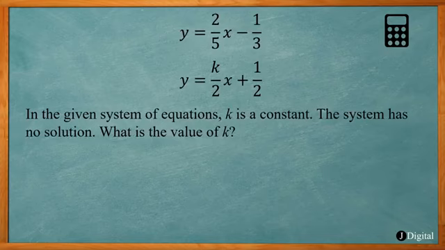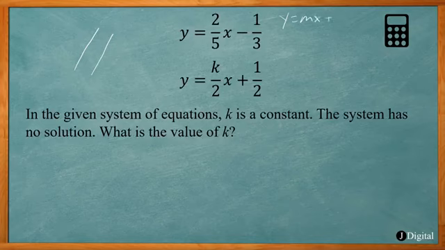This problem says in a given system of equations, k is a constant. The system has no solution. What is the value of k? So again, no solution means they're parallel with different y-intercepts. So these are already in the y equals mx plus b form. So look at their intercepts, negative 1/3 and positive 1/2.